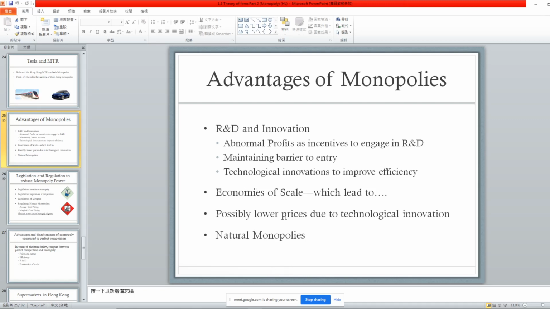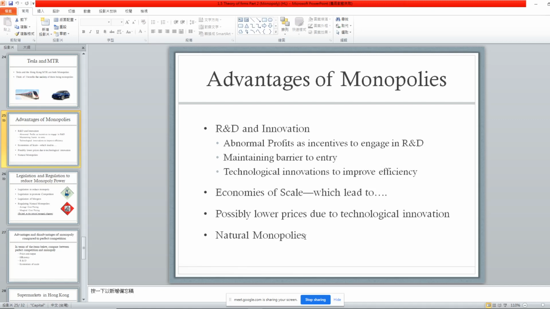At the same time, when you talk about natural monopolies, they are good monopolies in nature, because one monopoly is better than more than one competitor in the market. Sometimes it could be better to have just one monopoly in the market, because that will be even more efficient.